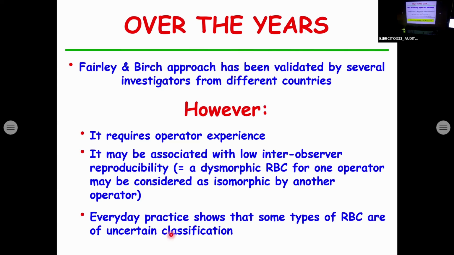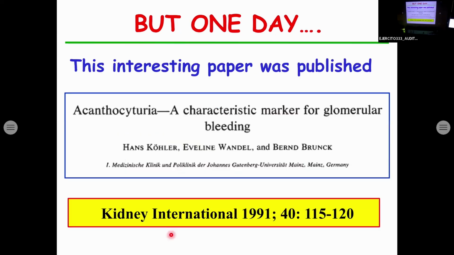But one day, in 1991, this important landmark paper was published, "Acanthocyturia, a characteristic marker for glomerular bleeding," by German investigators, nephrologists.